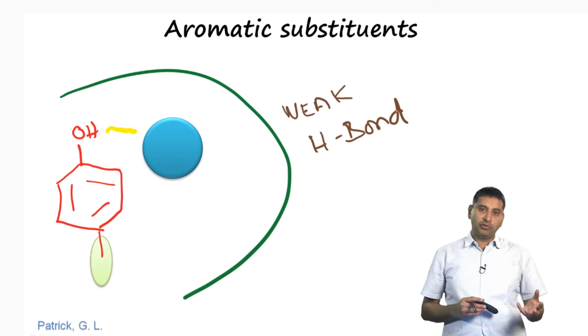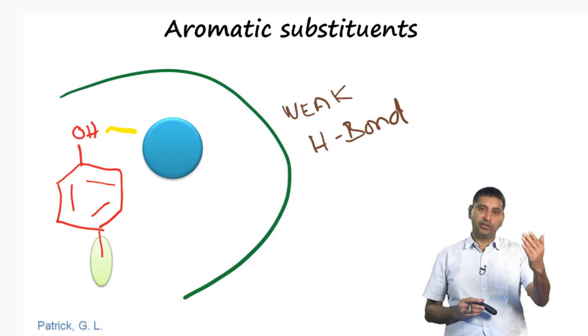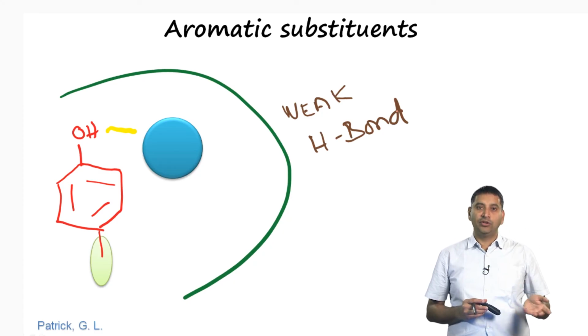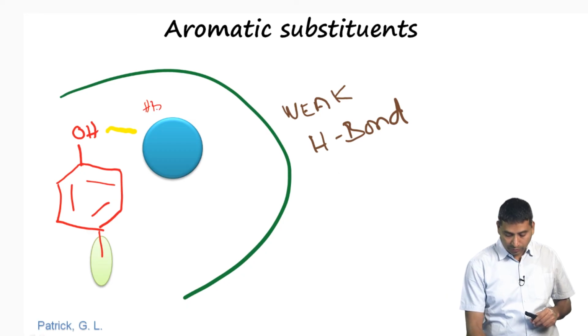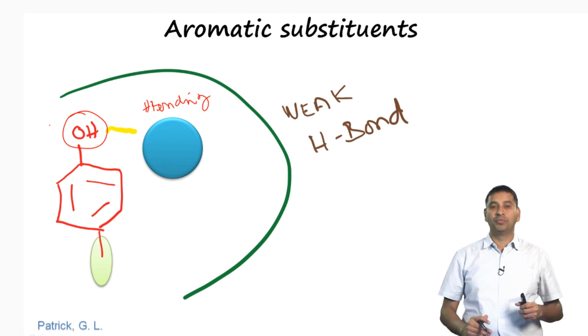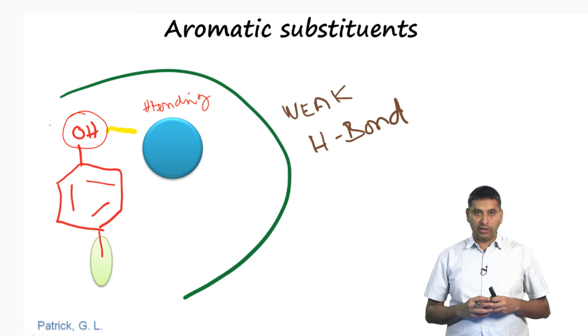It is also possible that when you have aromatic substituents, you can position the substituent such that the orientation can change. So, here is again a hypothetical example where you have a hydrogen bonding region which is going to interact with the hydroxyl group, right, and one could imagine that this interaction is going to be weak.